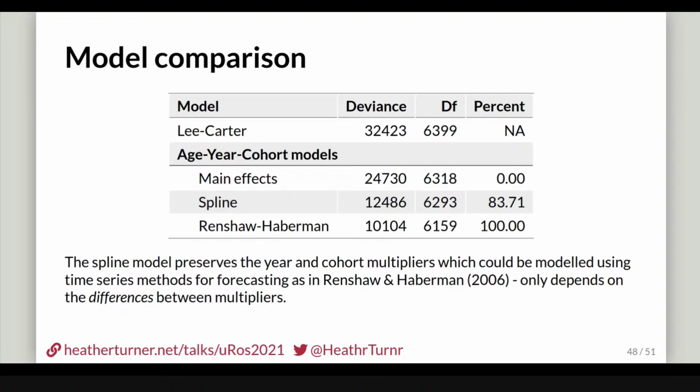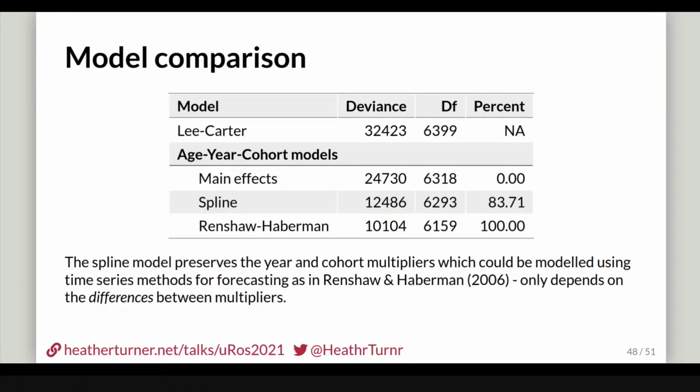Simply having the main effects of age, year, and cohort already gives a much better model. The deviance is about two-thirds of what it is in the Lee-Carter model.